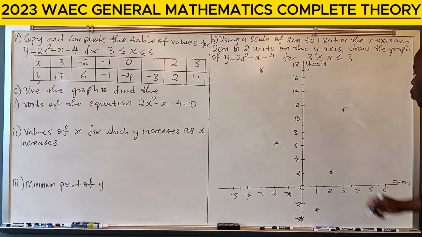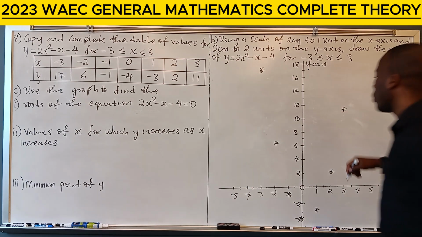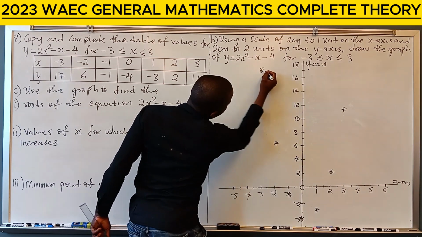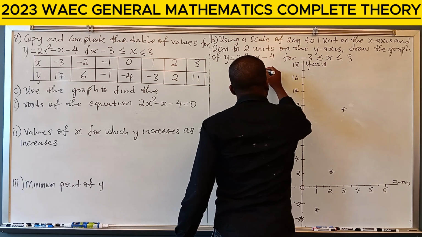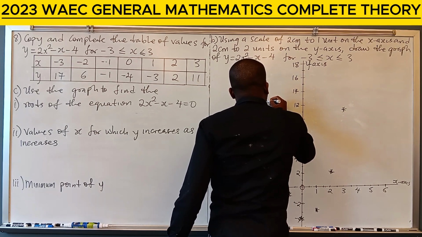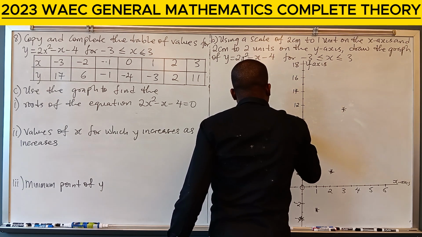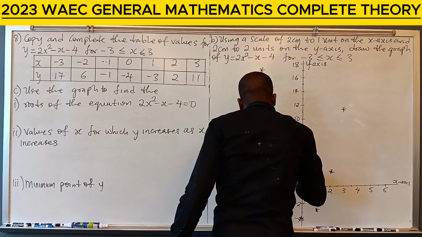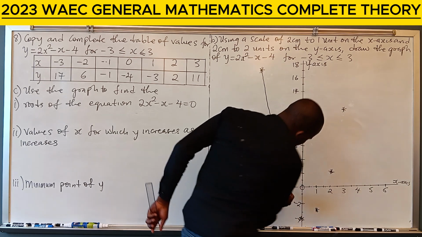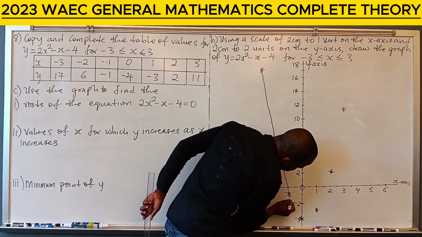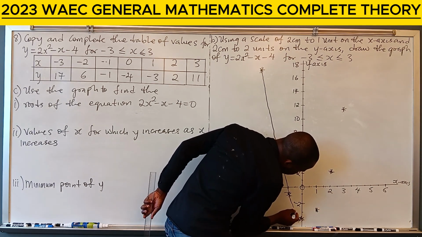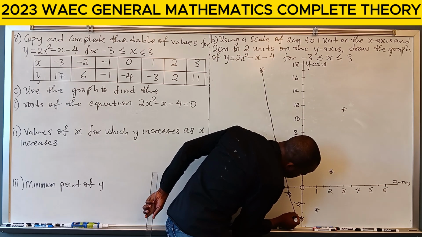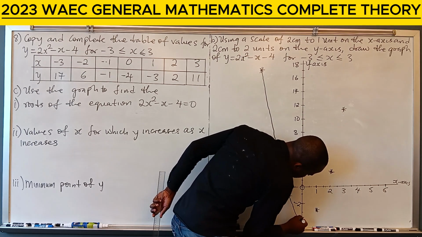So the next thing we'll do is to join them together. When joining them, for you to get a smooth line, like my teacher taught me, do not breathe. You must make sure that at this point, you don't have a V, but you have a curve.